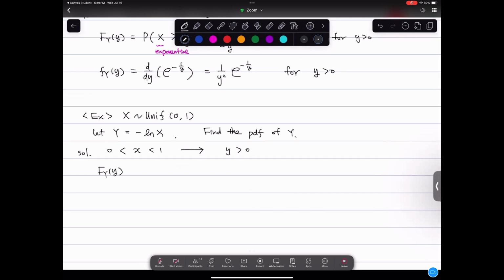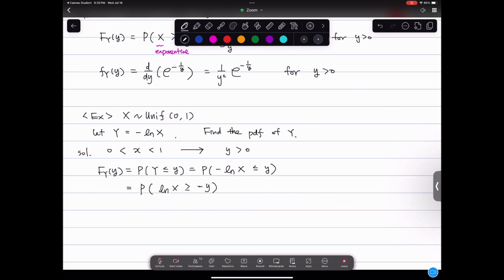So I'm ready to get my F of y, which is the probability that Y is less than or equal to y, which is the probability that negative natural log of x is less than or equal to y. Now I can divide both sides by negative first to get natural log of x is greater than or equal to negative y.